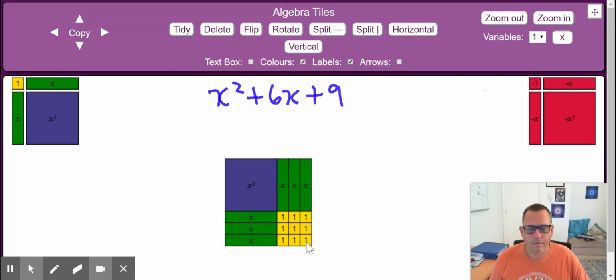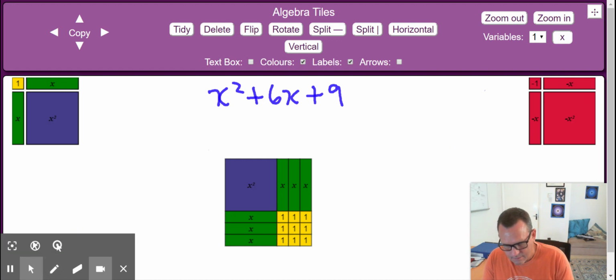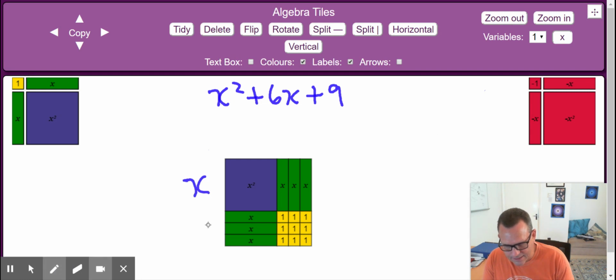Okay, so what have we ended up with? This side is x. The length of that side is x plus 3, and this side is x, and that length is 3.